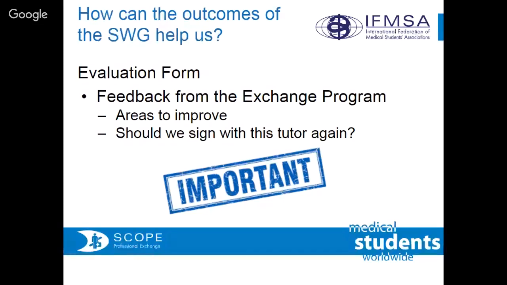Also, from the evaluation form, we can collect feedback from the exchange program. So we can also see areas where we as LEOs, contact persons, and NEOs can improve. And also, should we sign with this tutor again?